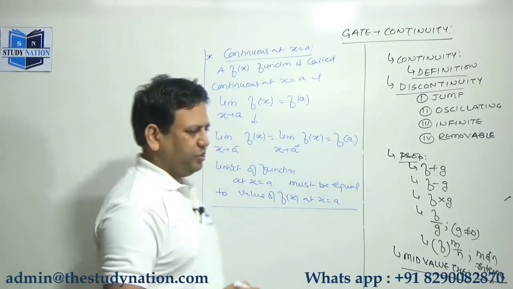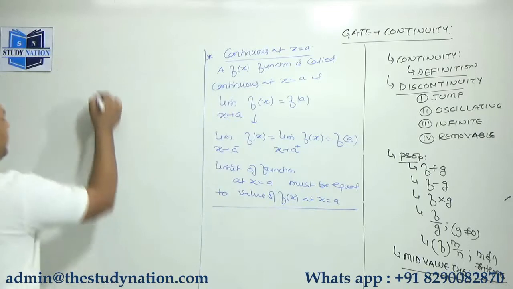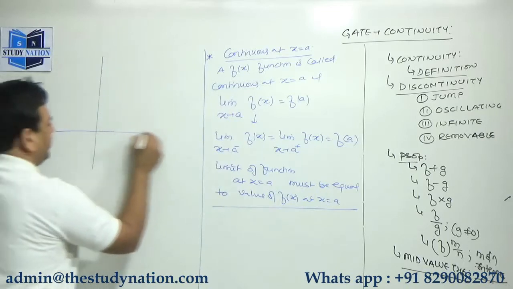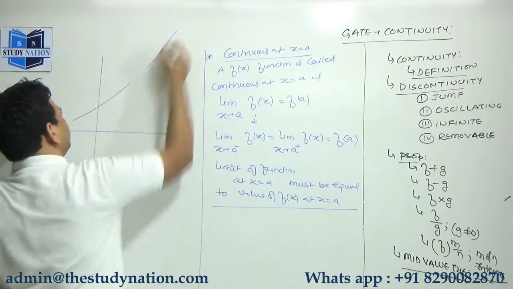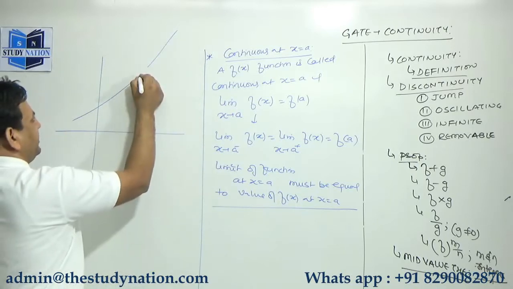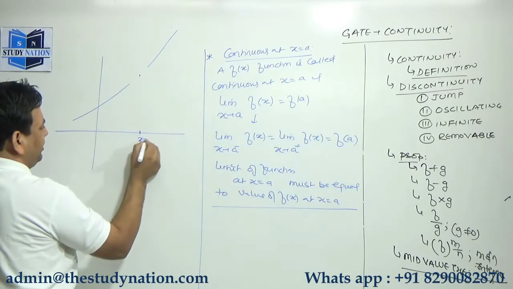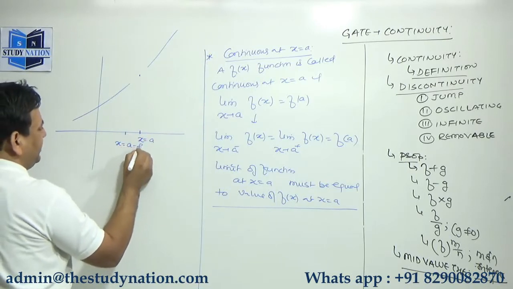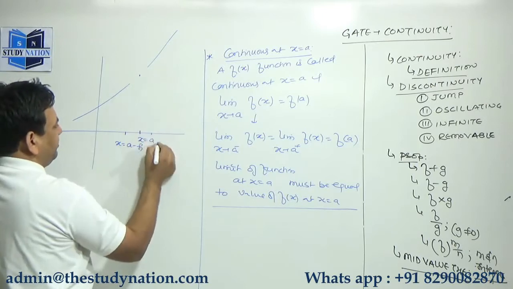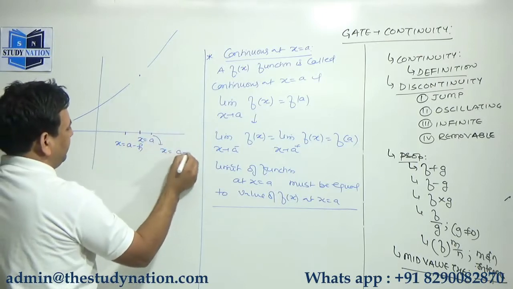Okay. So what is the meaning of that? Suppose there is a function defined like this one. Now there is a point, x equal to a. This is the left hand point, x equal to a minus h, and the right point is x equal to a plus h.